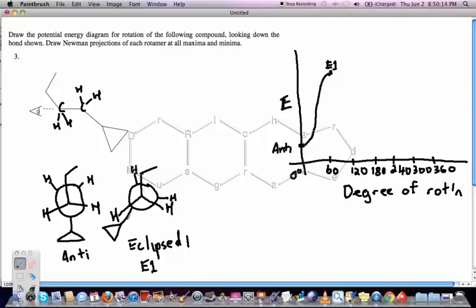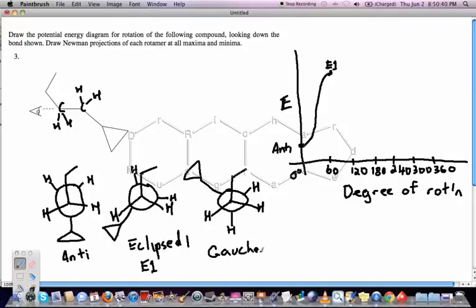Now I'm going to take it around another 60 degrees. Again, I leave the front the same. And this form is called gauche.